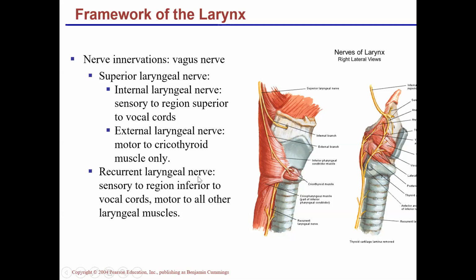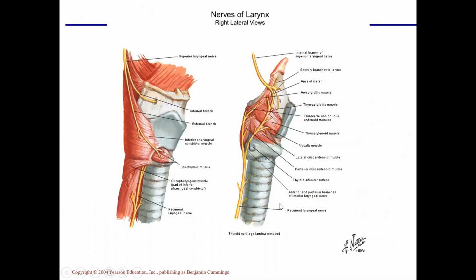Okay, and this nerve, recurrent laryngeal nerve, is a mixed nerve, so it has sensory input for the lower part of the vocal cord, and also the motor function for the other three muscles we talked about. Okay, on this picture, the recurrent nerve is here. Okay, let me show you from the other slide.